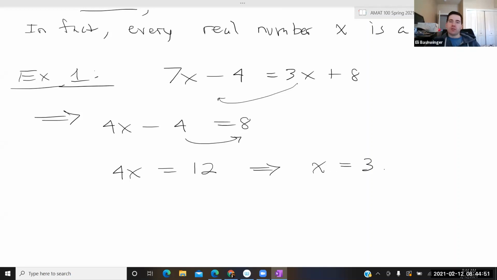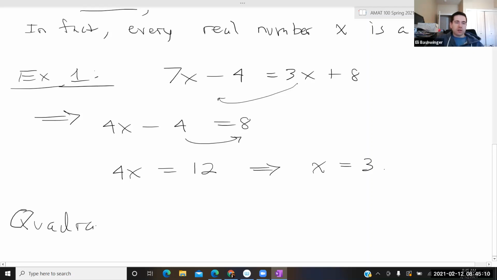For linear equations, there's really only one method to solving them. You just isolate x on one side, put the constant terms on the other side, and you're pretty much done. For quadratic equations, there can be a few cases depending on the nature of the quadratic equation.